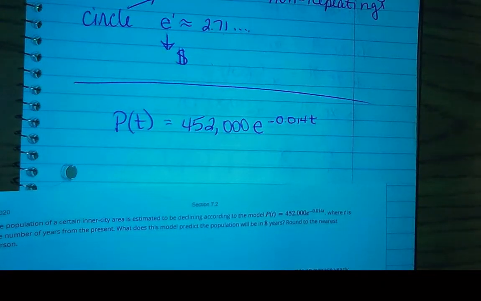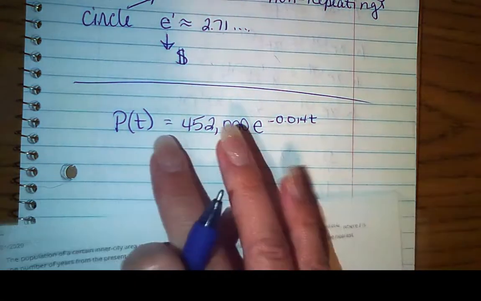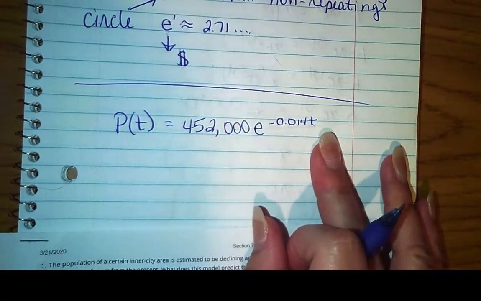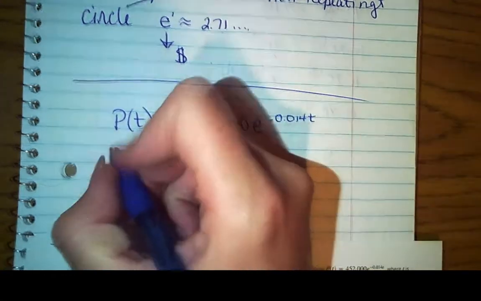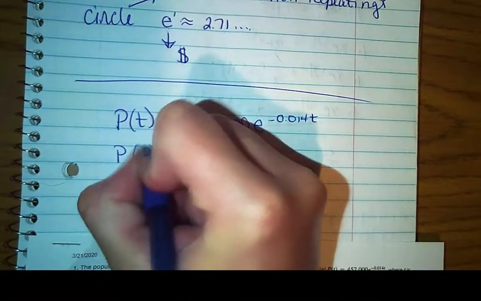What does this model predict the population will be in 8 years? So if you look at this, you only have one variable. This is a number. So I want to know what P of 8 is.